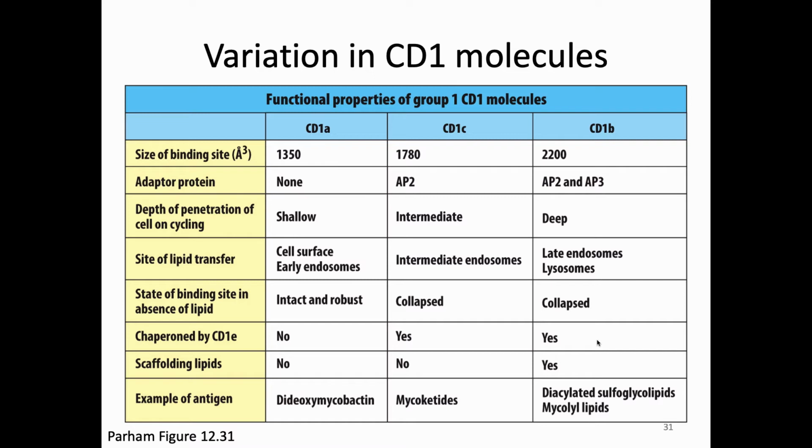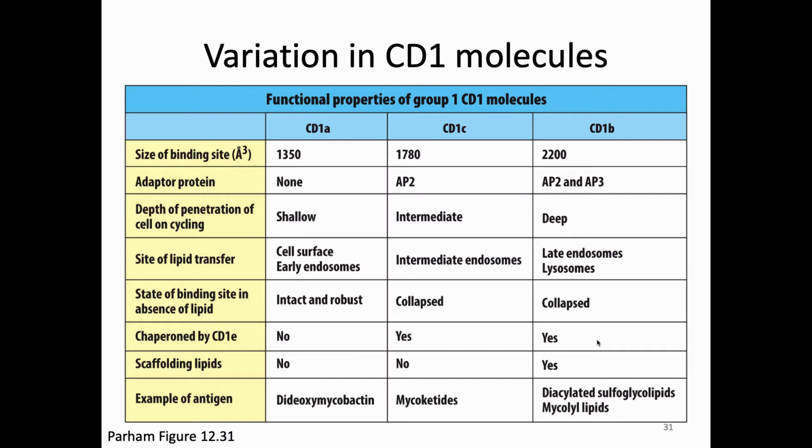So you can see CD1A maybe is getting its lipids from the cell surface or an early endosome, CD1C from an intermediate endosome, B from a late endosome or a lysosome. And so those types of things, like where the lipids come from and which cells are presenting, we think are the differences, although those things are not super clear.